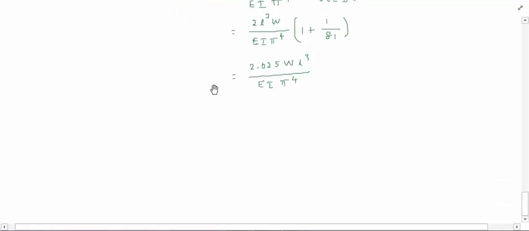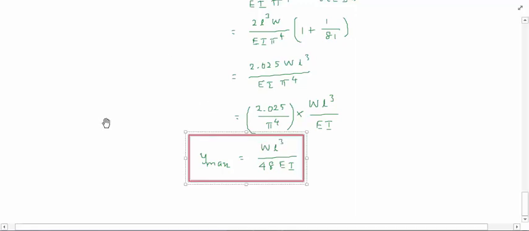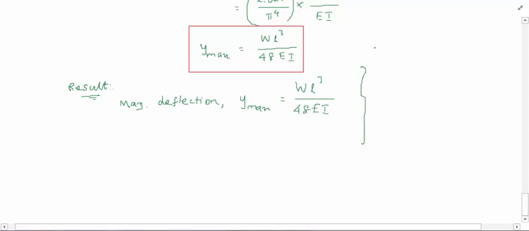Okay. If you want to reduce this value, that is 2.025 divided by pi power 4, this can be written as a whole term, and WL cube by 3EI will be there, right? So this can be rewritten as WL cube by 48 E into I. The final result of this Rayleigh-Ritz method is the maximum deflection equal to WL cube divided by 48 EI.